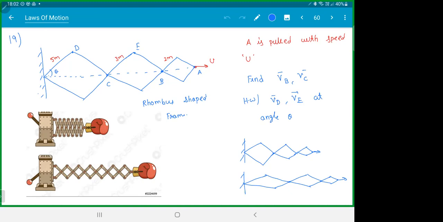Did you guys try this or forgot? Forgot. How to find velocity of D and E? Try. I'll give you a minute now. So for this rhombus kind of thing, find the velocity of that point D here and point E here.